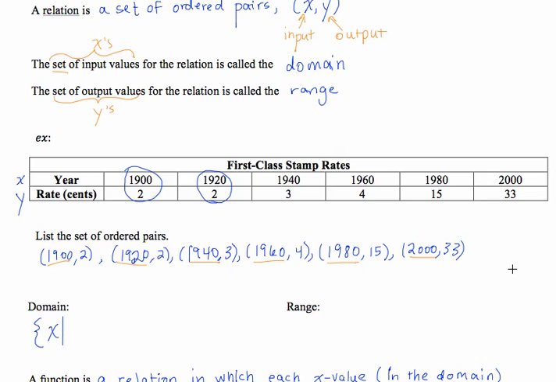That is, it has a countable number of objects in it. 1, 2, 3, 4, 5, 6 objects in the set. So we cannot use interval notation or an inequality to describe this set because it's a finite set of numbers and we are not including all the numbers between 1900 and 1920. We only mean to say exactly 1900, 1920, 1940, so you really just have to explicitly list them out in this case.